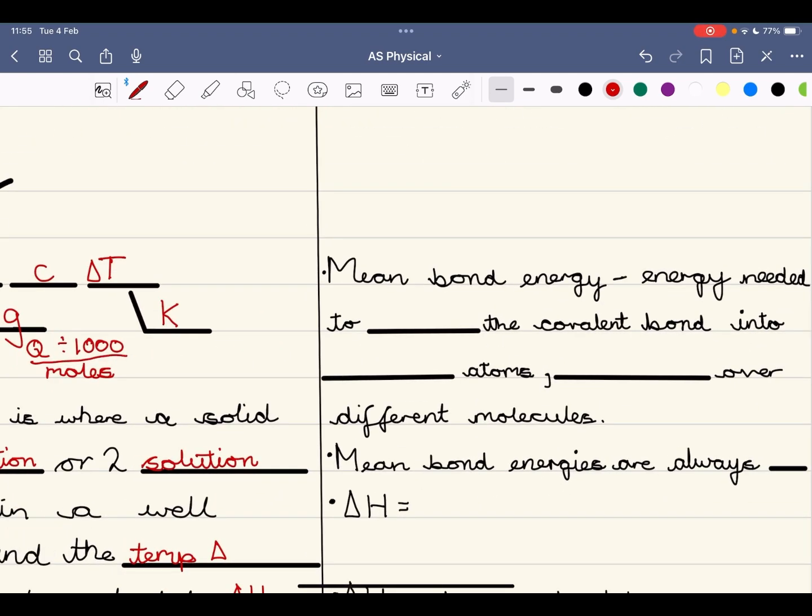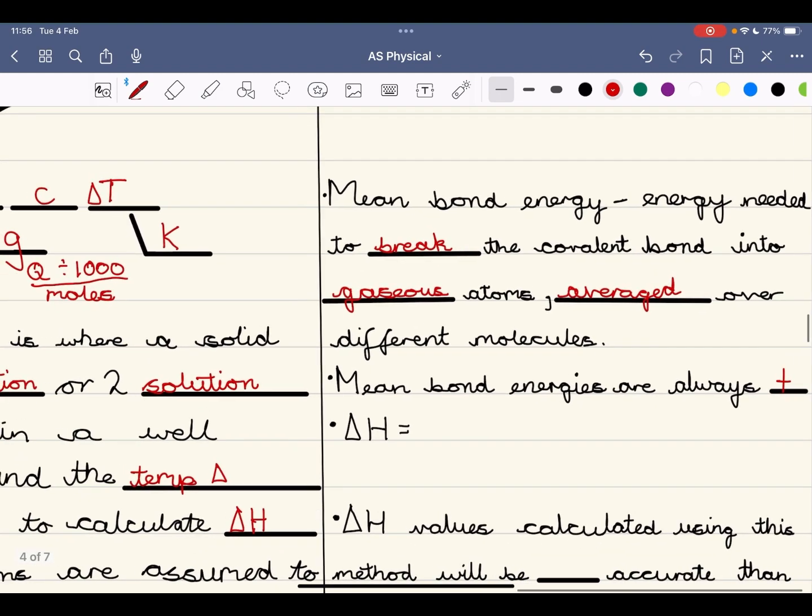Next we have the mean bond energy. So this is the energy needed to break the covalent bond into gaseous atoms, and this is averaged over different molecules. So mean bond energies are always positive since you're breaking a bond.